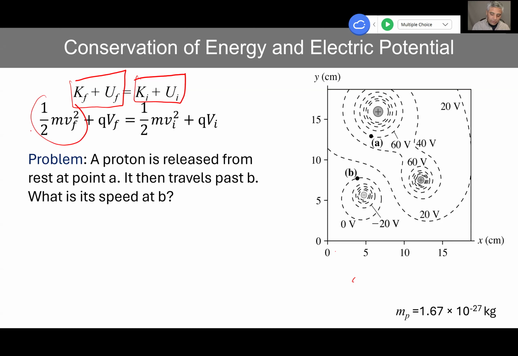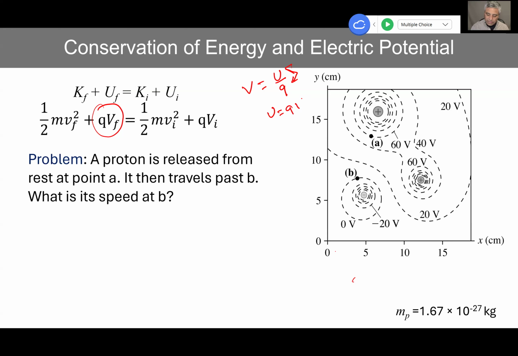Kinetic energy is our good old half mv square, but potential energy in this case is Q times V. Remember, we defined potential as U over Q, energy per unit charge. So U becomes Q times V.